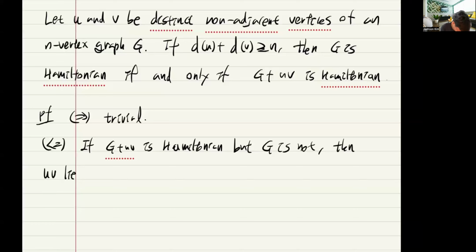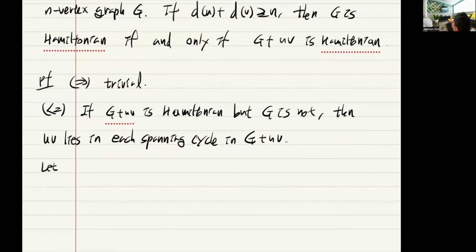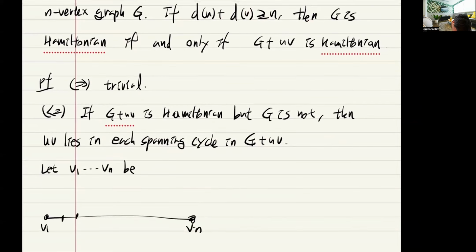Then uv is in the spanning cycle of G plus uv. So we take one of them, let p1 to pn. So you have a spanning path from p1 equals u to pn equals v.